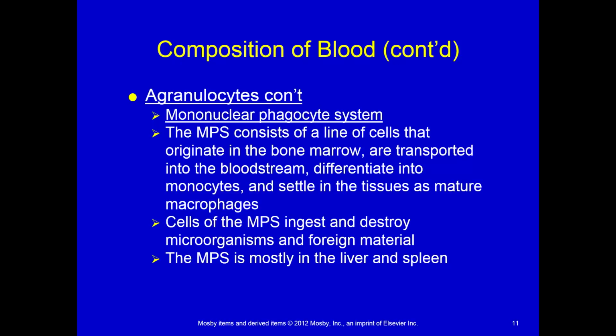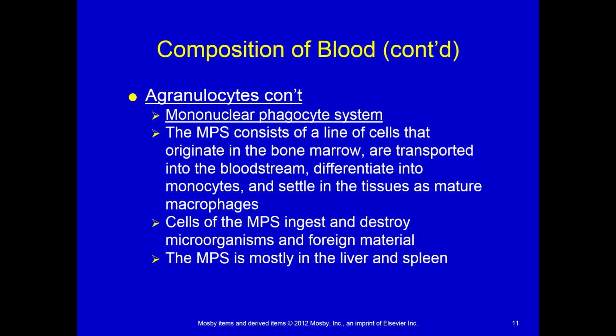And again, what I want you to understand about this is that the mononuclear phagocyte system filters and cleanses the blood, not only of, as I have mentioned here on the screen, microorganisms and foreign material, but it's also the system that takes out of circulation our own dead blood cells.